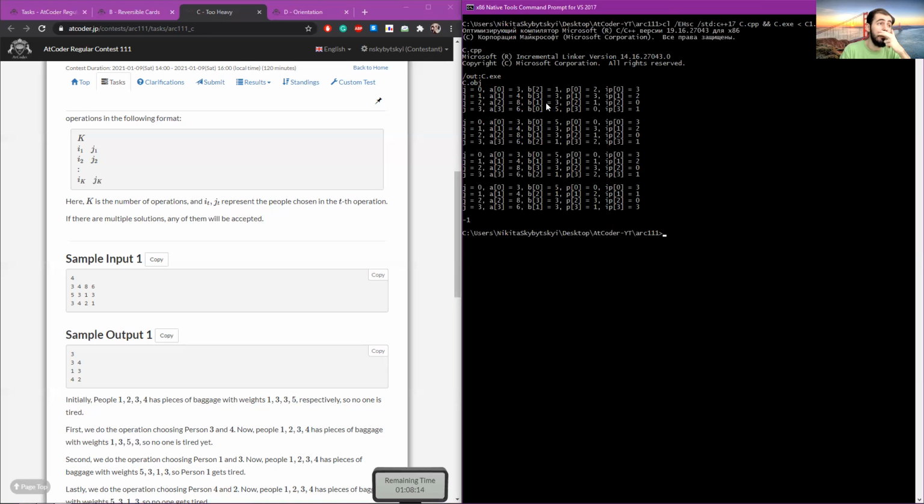Okay, so initially we have 3, 4, 8, 6, which is correct. First person holds baggage 2, which is 1, correct. And 3, 1, 0. Okay, this permutation is correct. Permutation of baggages is correct as well. First permutation 3003 to 112, 0220, 1331. Okay.